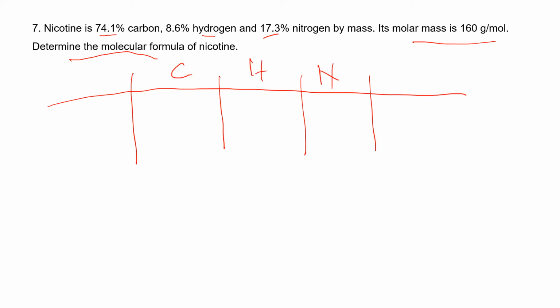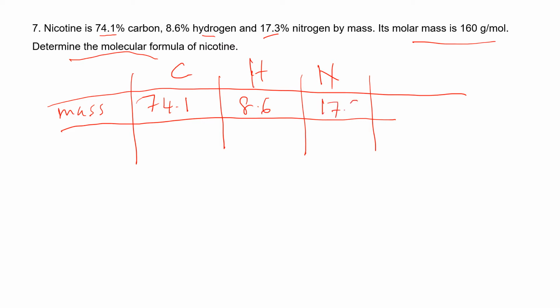First we write down the mass of each element. Mass of carbon is 74.1, mass of hydrogen is 8.6, and nitrogen is 17.3.